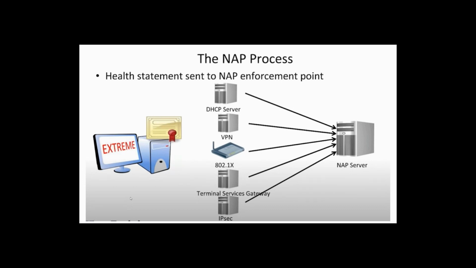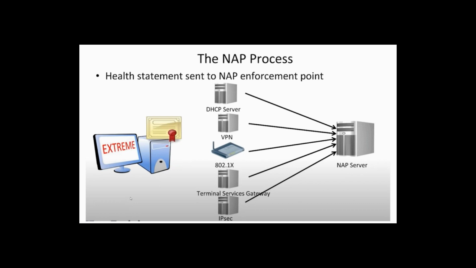So when we say that the DHCP server is an enforcement point for network access protection, that means the DHCP can perform some of these health checks that are required for network access protection. If that client passes all the health checks, then the DHCP can give that client an IP address with full access to the whole network.